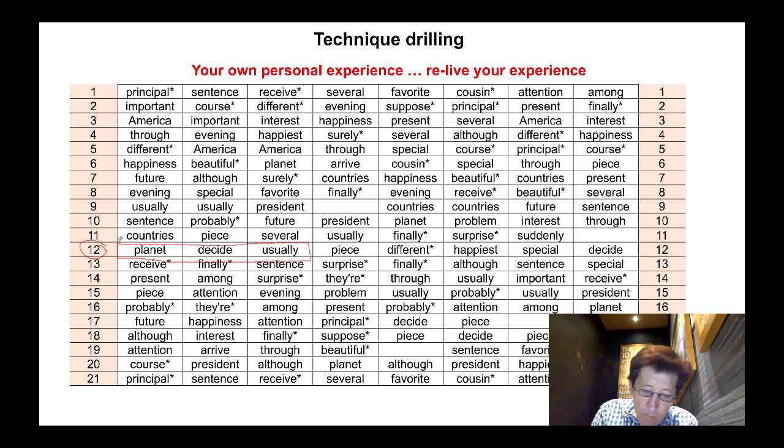I really think about this: which planet is more interesting, or which planet is suited for living? If I was the prince, which planet would I decide to live on?